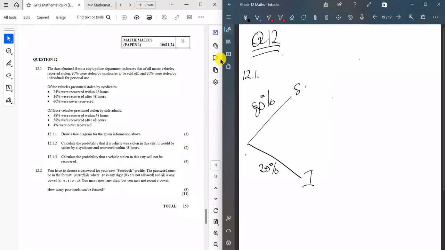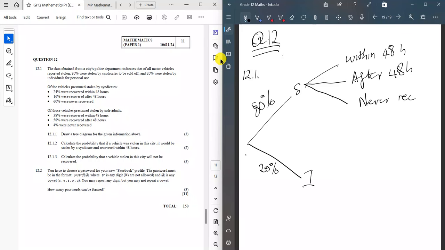Okay, within 48 hours, and this one here will be after 48 hours, and then these ones never recovered. So those that were recovered within 48 hours, 24% were, and then 16% were recovered after 48 hours, and then 60% were never recovered.